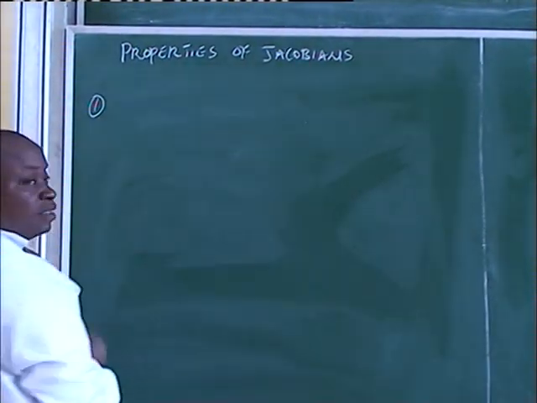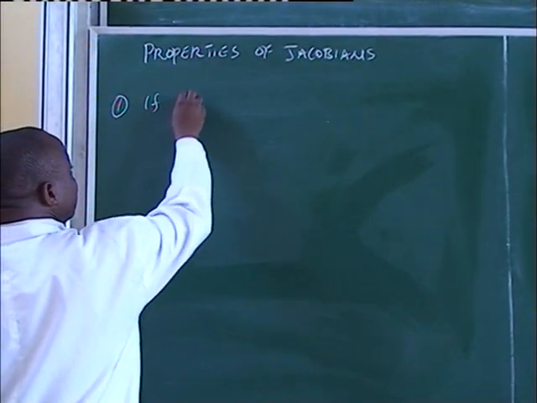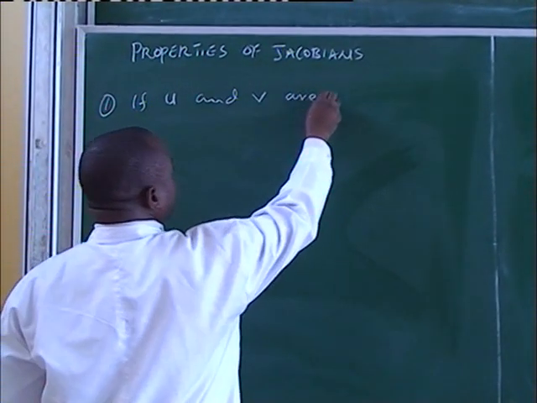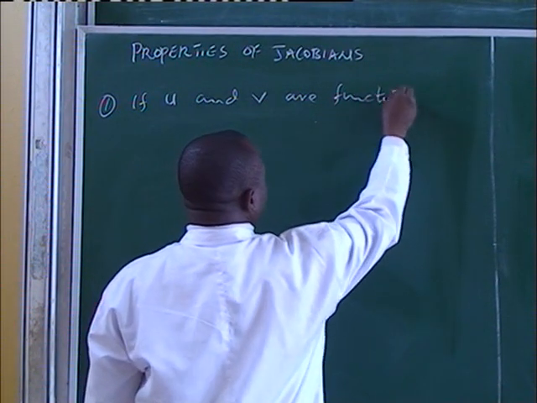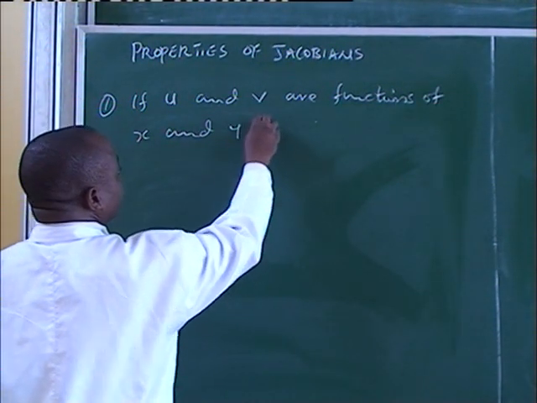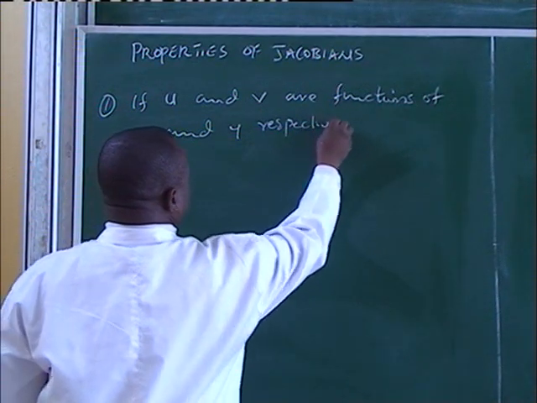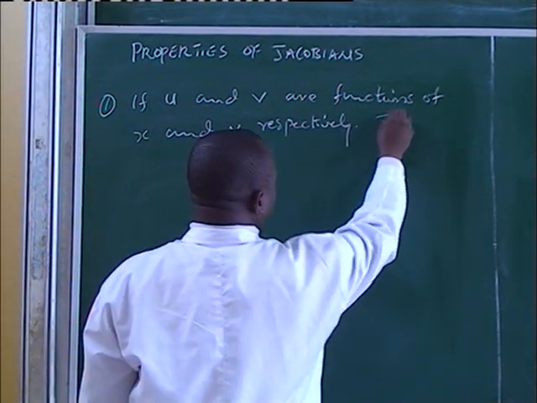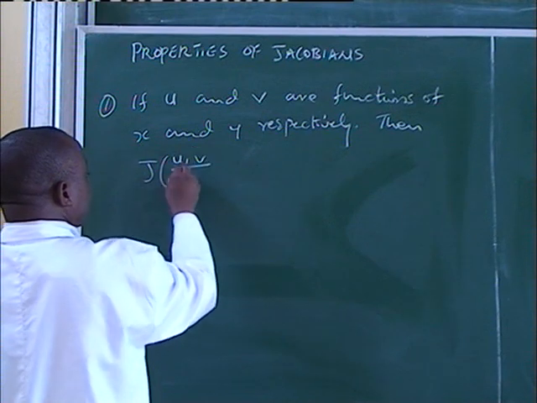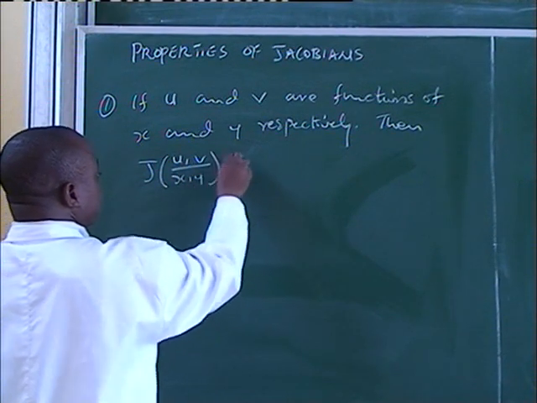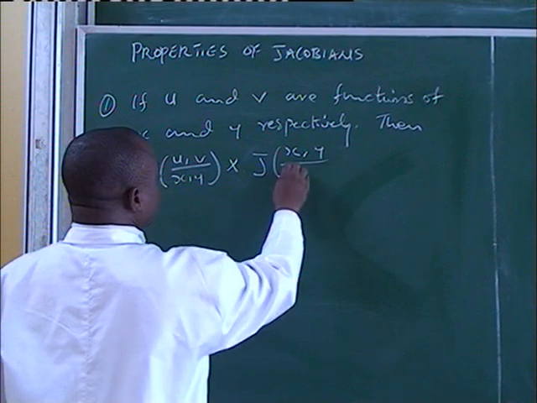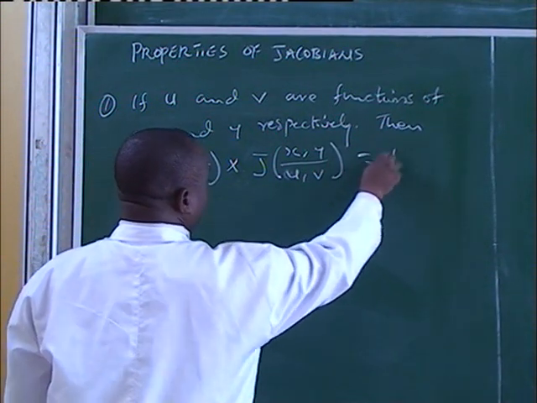The number one property is that if u and v are functions of x and y respectively, then the Jacobian of u and v with respect to x, y times the Jacobian of x, y with respect to u and v will be equal to 1.